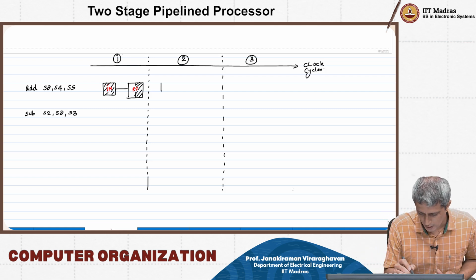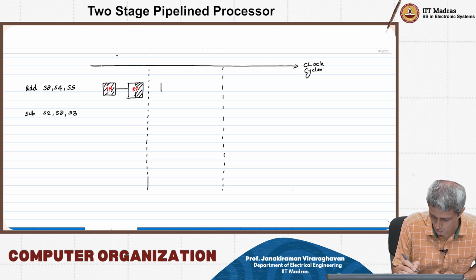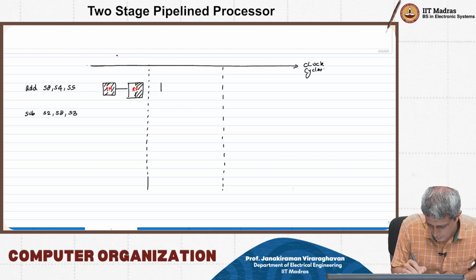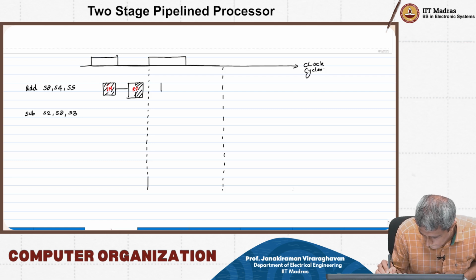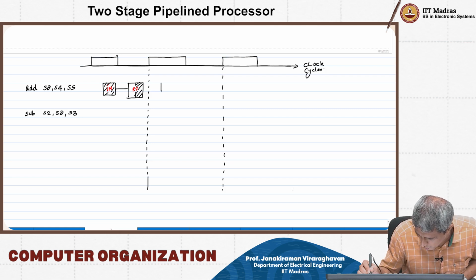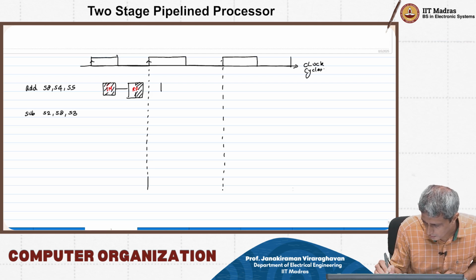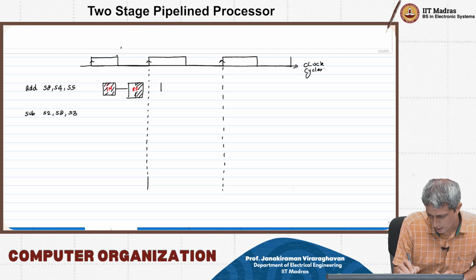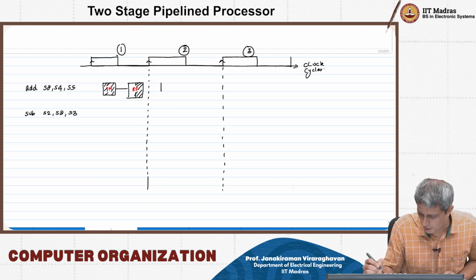So effectively, if I were to sketch the clock here, it would look like this. Okay, this is the rising edge, right? So this is my rising edge. So this is cycle 1, 2 and 3.